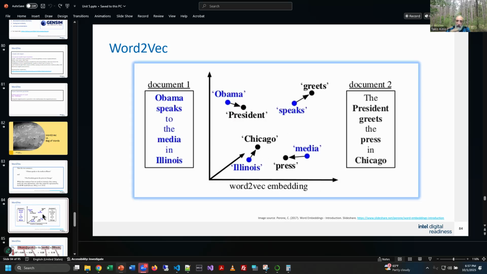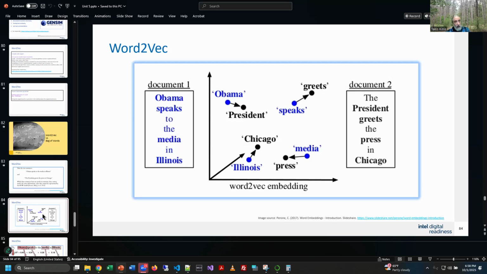The word to vec approach does this. This is kind of how it works in the background. It goes, oh, Obama, you're talking about the president. And today it might say Trump. Whatever, doesn't matter who the president is. And then the president speaks or greets, kind of in the same category. Then we're talking about Chicago or Illinois.